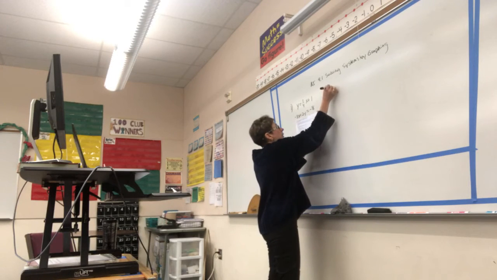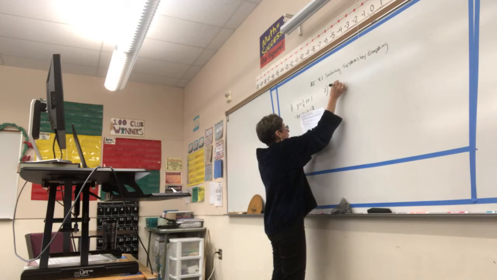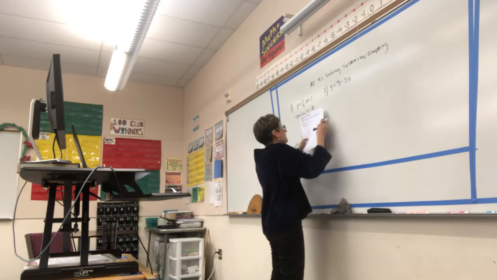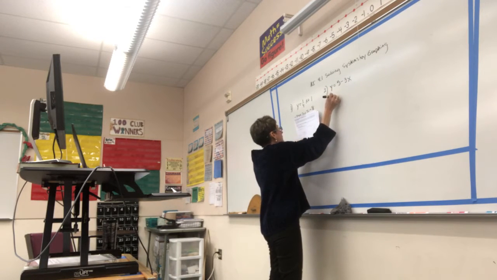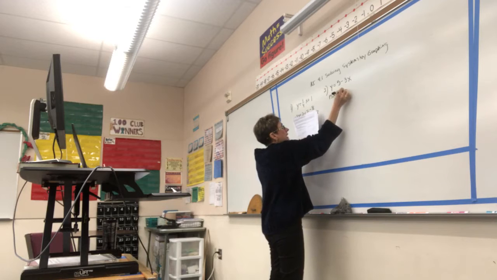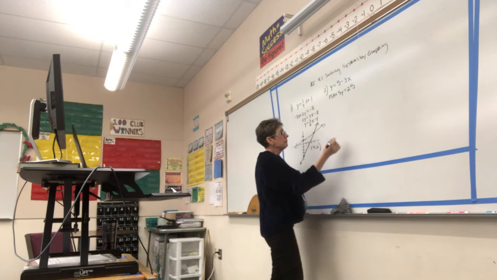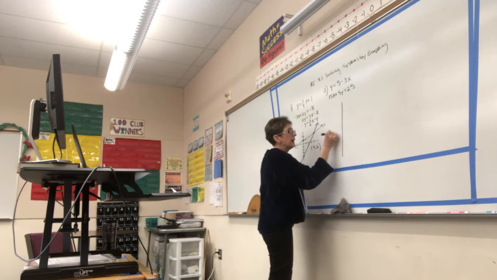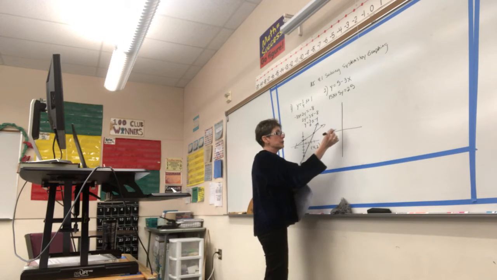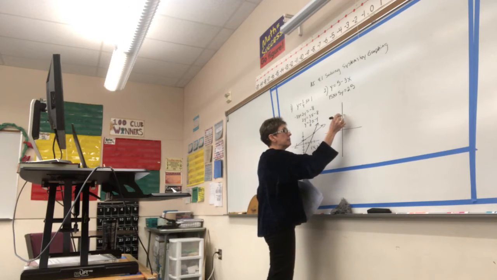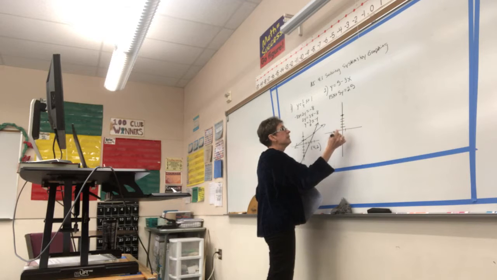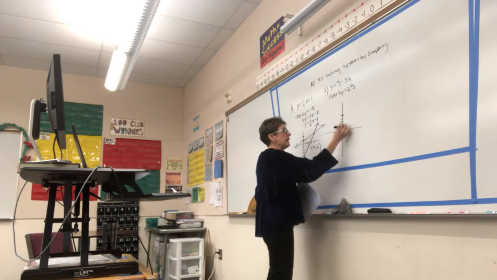Let's do another kind of example. We have y equals 5 minus 3x, and then 15x plus 5y equals 25. Again, we want to graph both lines. So the first one has a y-intercept of positive 5, and then a slope of negative 3.